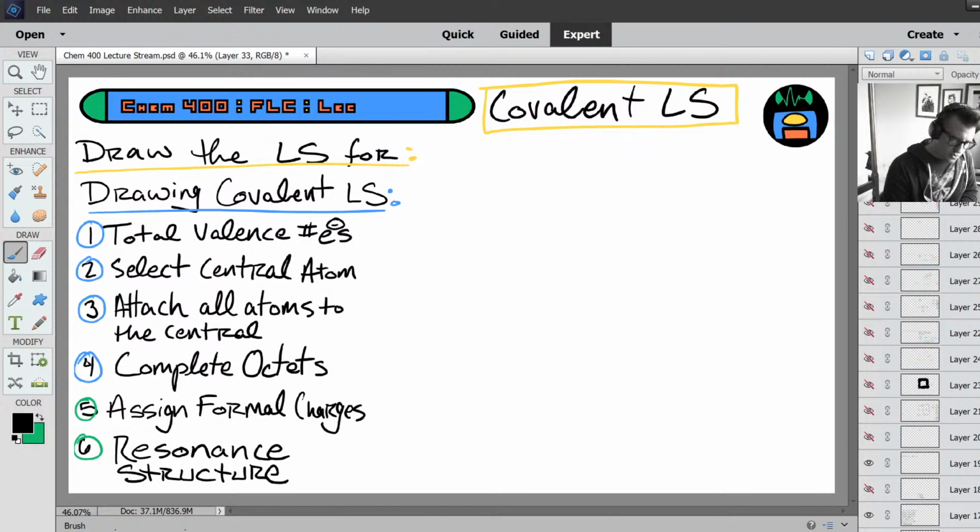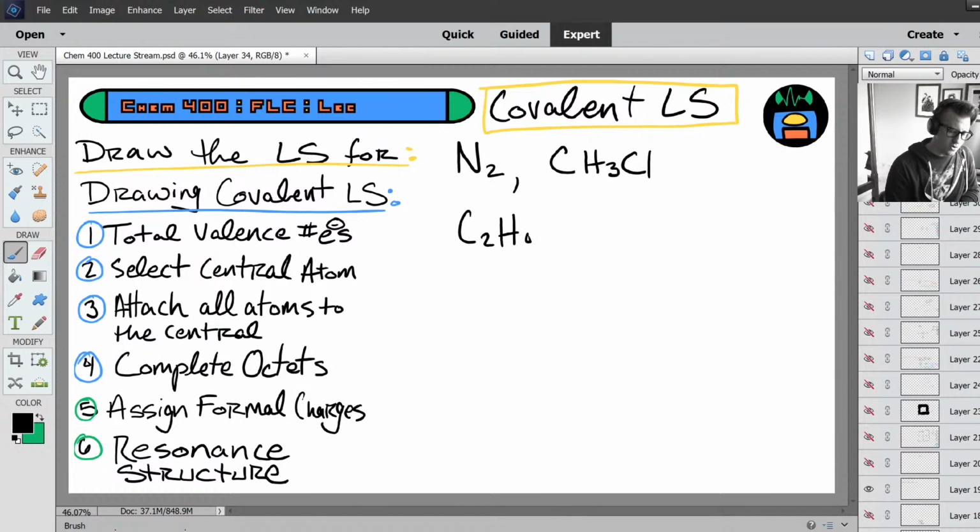So try to draw the Lewis structures for N2, CH3Cl, C2H, no, not that one, CH2O.